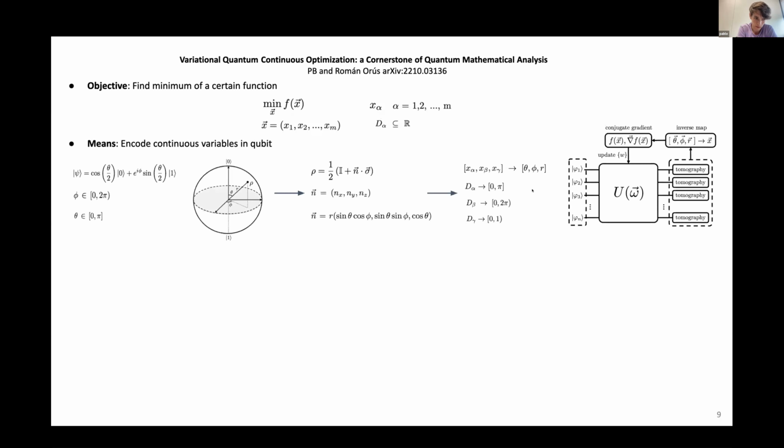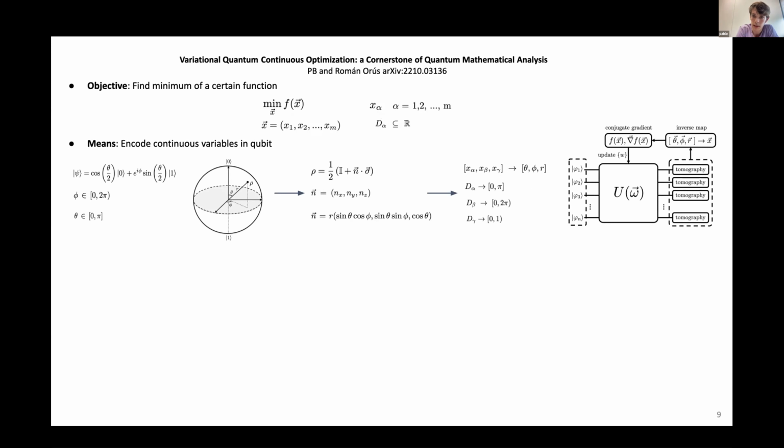You can encode continuous variables in a qubit at the expense of tomography. This probably does not scale very well. We are thinking about certain approaches in order to speed it up, but it's just a proof of concept. The idea is that you have a quantum state, and each qubit will be described by a certain reduced density matrix.